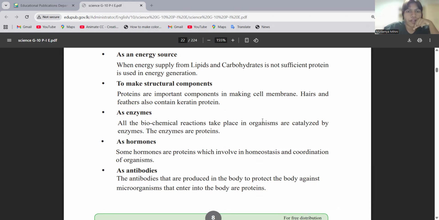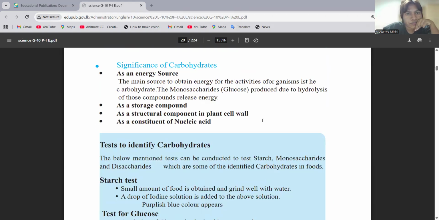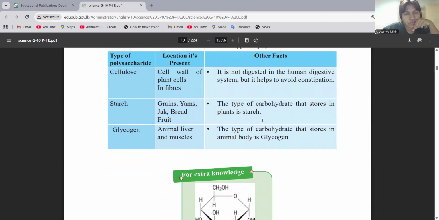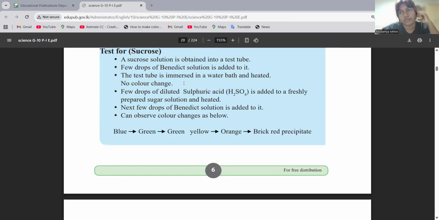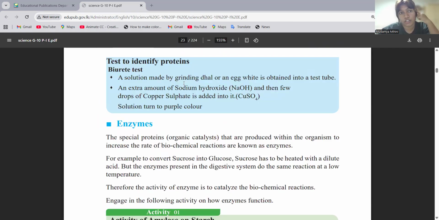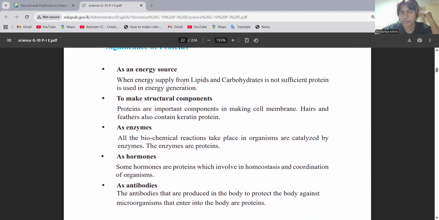You remember, right? Let me show you. Yes, cellulose. Cell wall of the plant cell, in fibers. But this thing is not the cell wall that we are talking about in proteins.